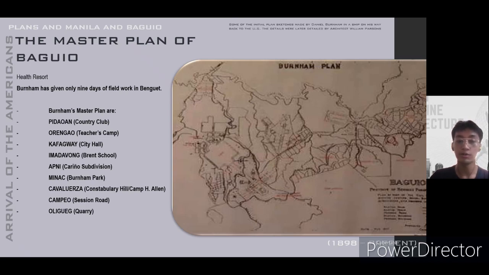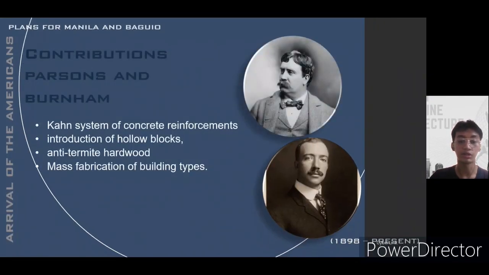This was originally made by the Americans as a health resort, as well as to have an existing railway system, but later failed. These are their contributions: the CAN system of concrete reinforcements, introduction of hollow blocks, anti-termite hardwood, and mass fabrication of building types, which lessened the time of creating buildings and the complexities of the government buildings.